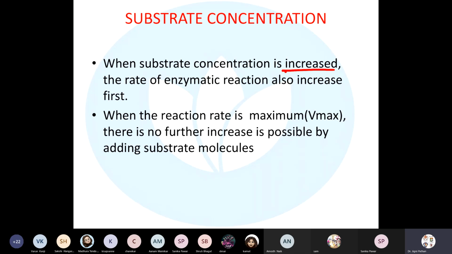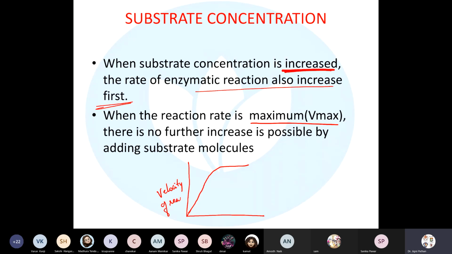Initially, when you add enzyme along with the substrate, the rate of reaction increases. If this is the graph, the rate of reaction increases and reaches the maximum velocity. This is the velocity of the reaction.